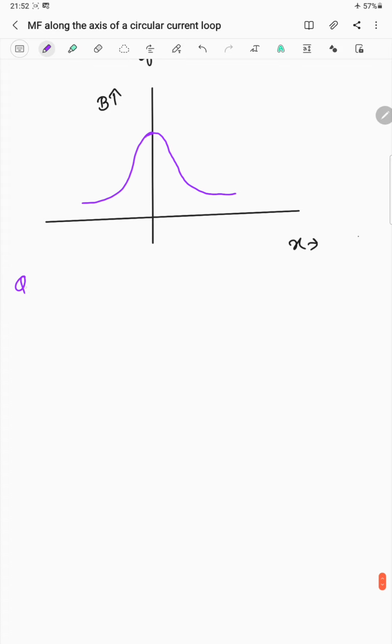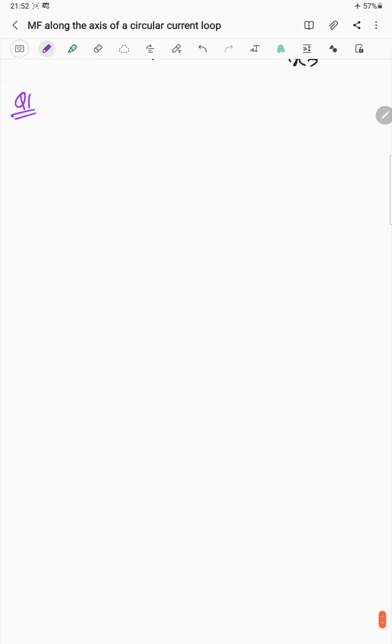Question number 1. What does this question say? An electric current is flowing in a circular coil. The circular coil is of radius a.